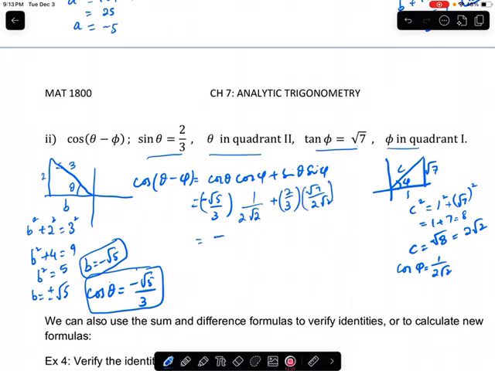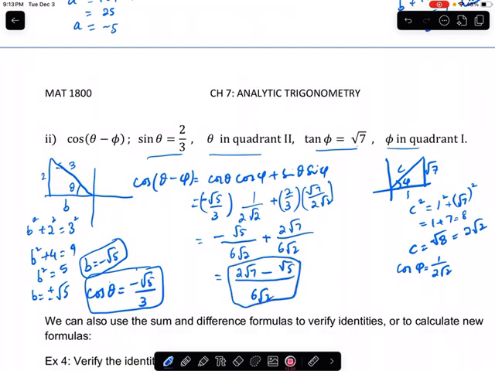So we get minus square root of 5 divided by 6 times square root of 2 plus 2 times square root of 7 over 6 times square root of 2. So it can be written as 2 times square root of 7 minus square root of 5, whole divided by 6 times square root of 2. So this will be your answer.